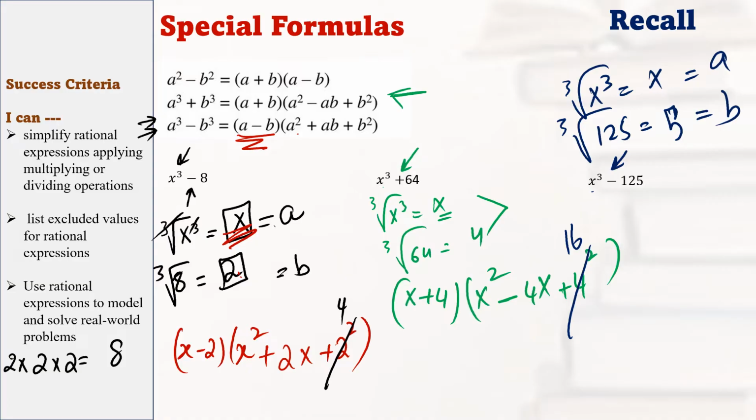Okay, now write it in the formula. So a minus b means x minus 5. Then a square means x square, plus ab means 5x, plus b square means 5 square. And 5 square is actually 25.